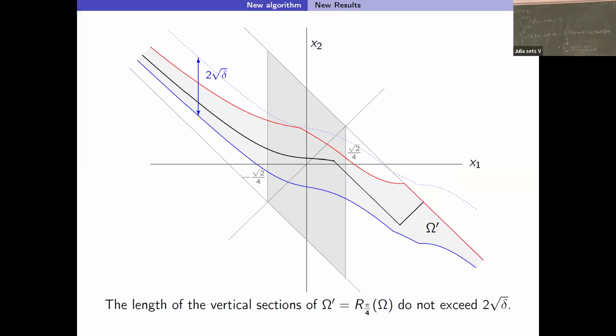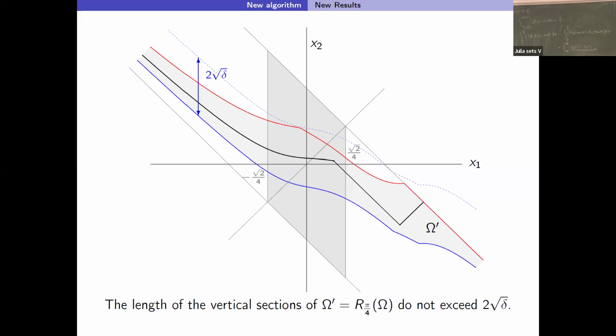But starting at some point, which is explicit, not only do we have the height, which is at most 2 square root of delta, but we also have this factor that will make it integrable. And this is basically the proof of the inequality.